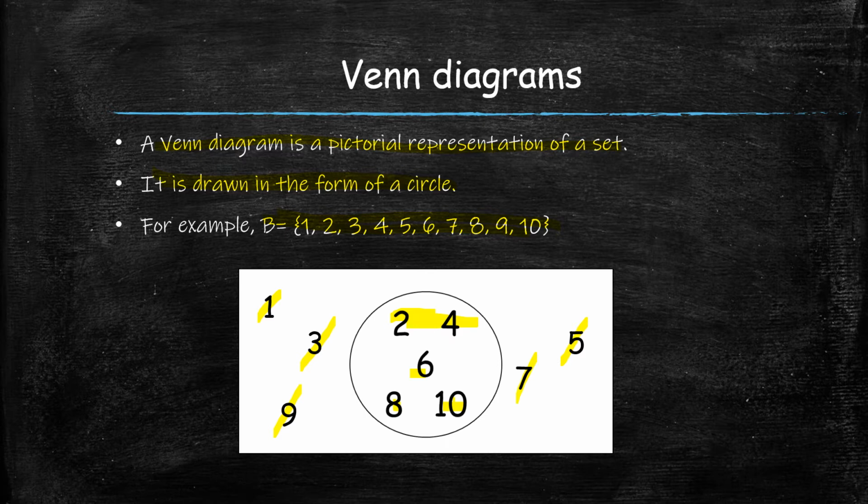So this is a proper way to make a Venn diagram. Because we had to make a Venn diagram on the set of even numbers, we just wrote even numbers inside the circle, and the other numbers which were present in the set B, we wrote them outside the circle like this.